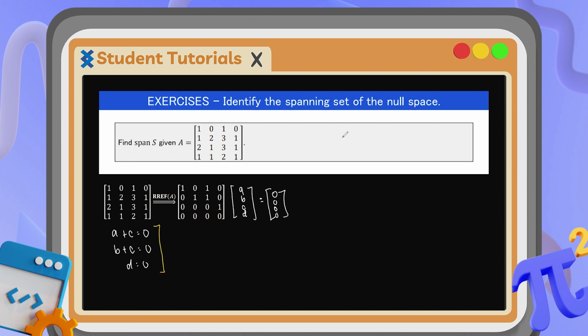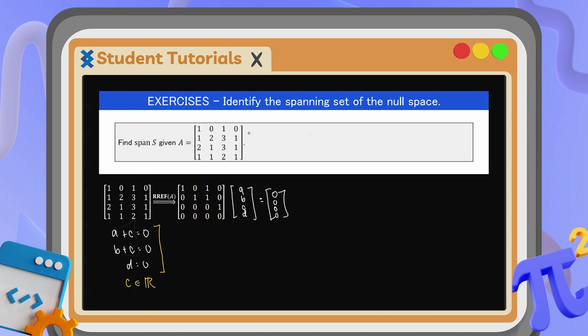So we have these three equations. But notice that we have c and we don't have any equation like c equals something. That means c is part of the real numbers, and the reason is that a and b are dependent on whatever the value of c is.